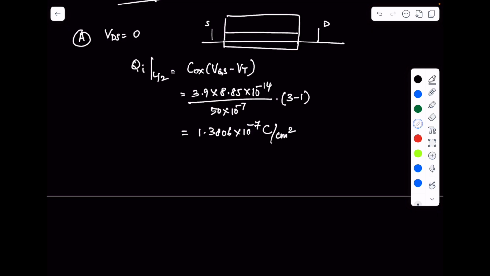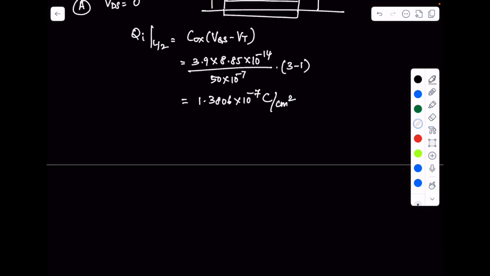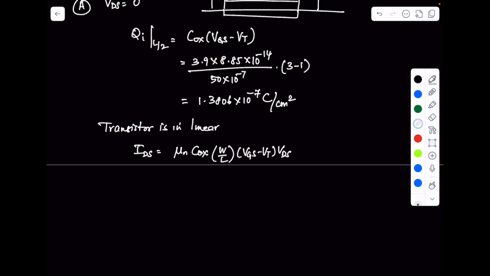So this is at VDS equal to 0. When VDS is equal to 0, the transistor is in the linear region. In other words, I have my IDS as mu n Cox W by L into VGS minus VT into VDS, right? So my GDS is nothing but dou IDS by dou VDS, the output conductance, and that is nothing but mu n into Cox into W by L into VGS minus VT.